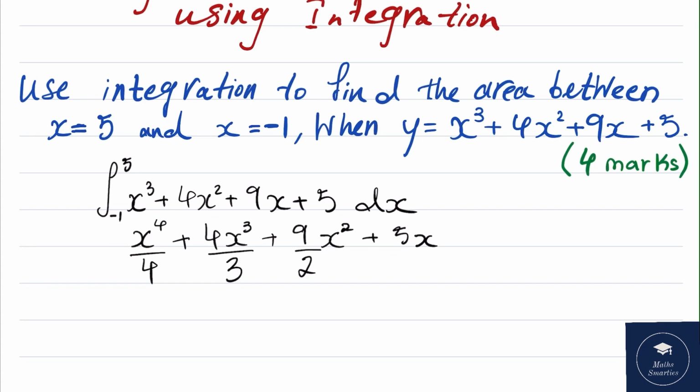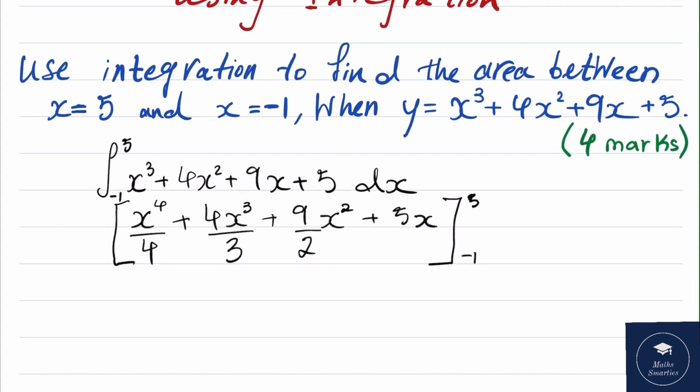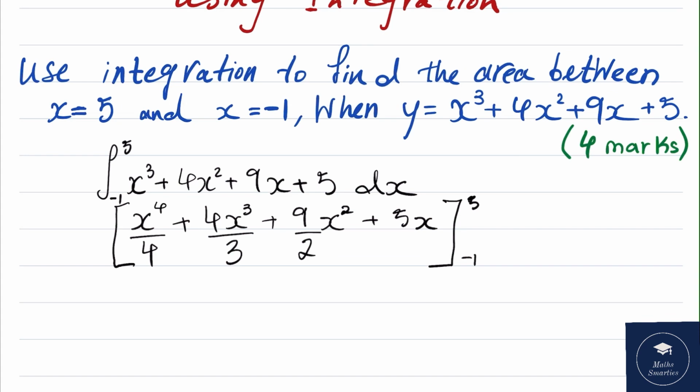So this is the new equation, and we write a square bracket. This is the 5, this is the -1. Now let's substitute 5 first, which is the greater, and then minus the new one between brackets, the total for -1.